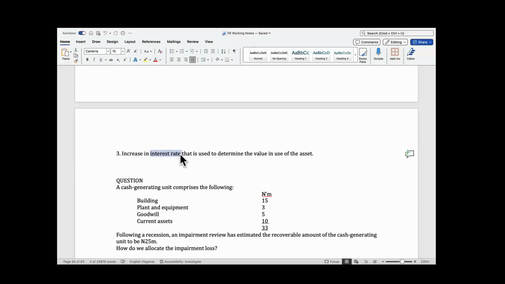So if interest rate is rising, it is an indicator that there might be an impairment, because the value in use of assets will be going lower.